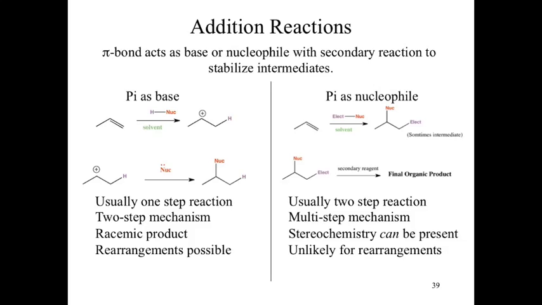That means we would see in an overall reaction, if we drew it through the middle, going from beginning to end, we'd have step 1 and step 2. So 2 reagents to get through this. We will see stereochemistry potentially showing up in this. That's going to depend on the mechanism of those reagents. And they're very unlikely to do rearrangements, because we're forming these products relatively immediately in between.